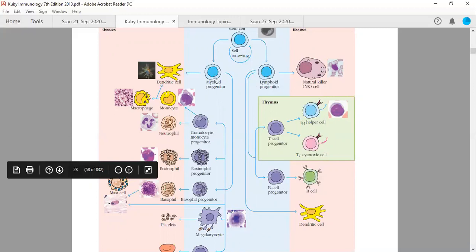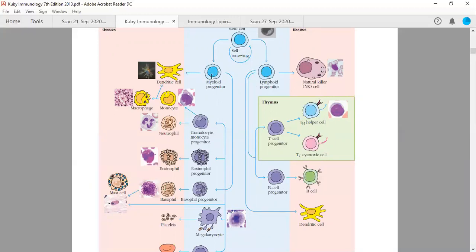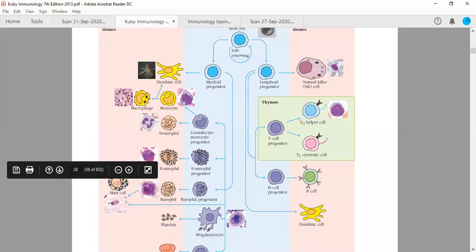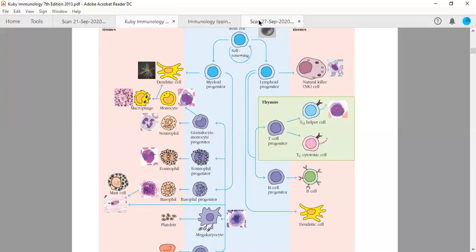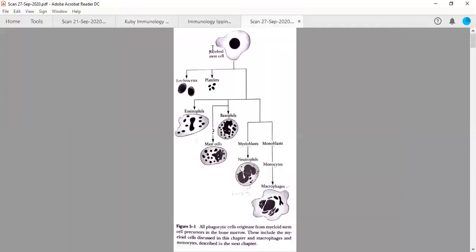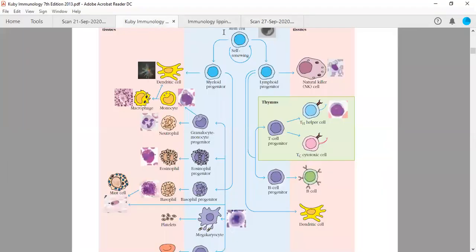So look at this cell. This is myeloid progenitor cell, which is giving rise to neutrophils, eosinophils, basophils, platelets, RBCs, and macrophages, right? So this cell is shown in this particular diagram now. So this is a myeloid stem cell, which is actually coming from hematopoietic stem cell, right? So as given in this particular diagram.